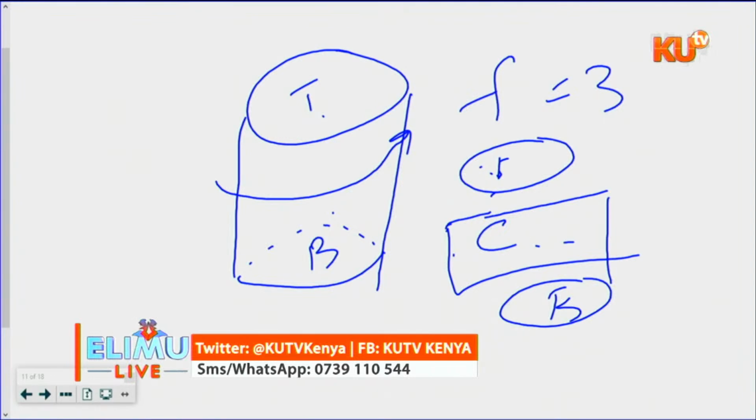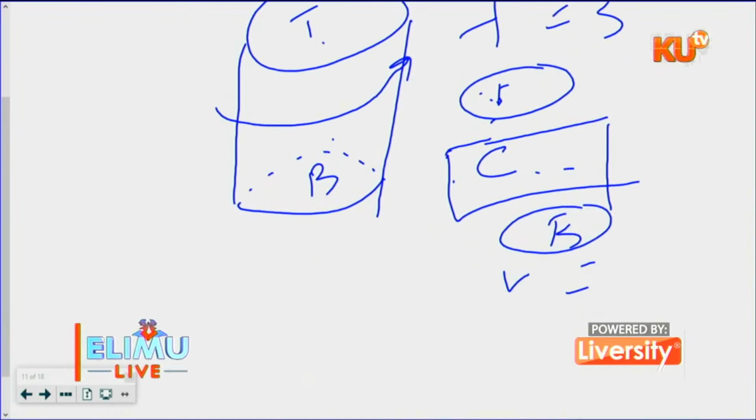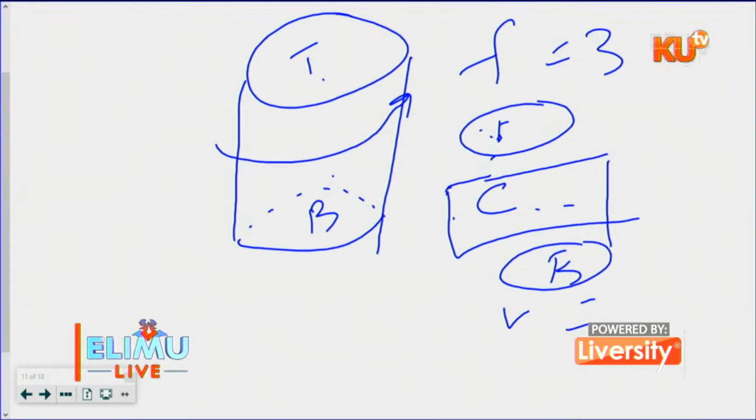Let's come to the vertices. First of all, what is a vertex? A vertex is where 2 or more faces meet.